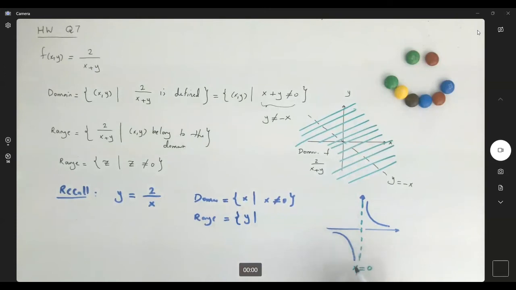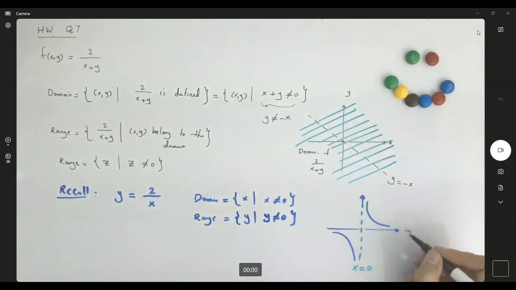Your y value can take on positive values, can take on negative values. So these are the positive values that your y takes, negative values that your y takes, but it never gets to be 0. Y cannot be 0.